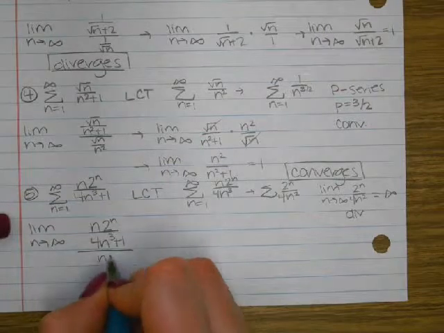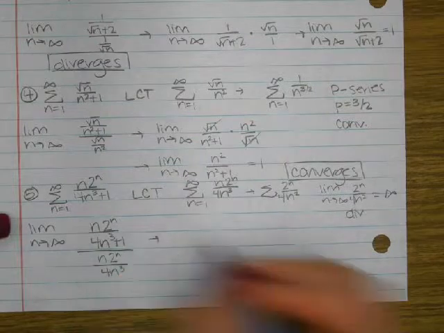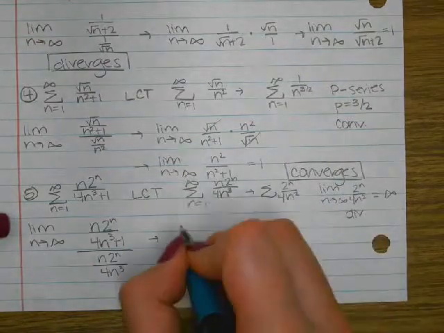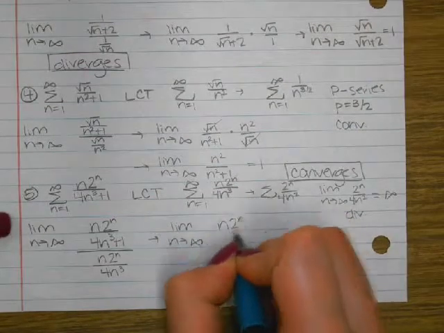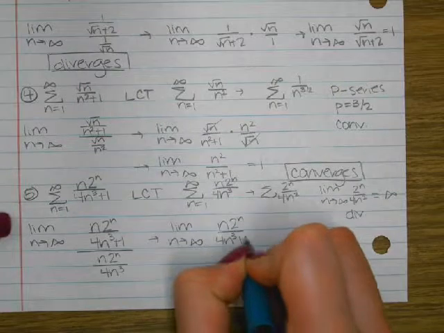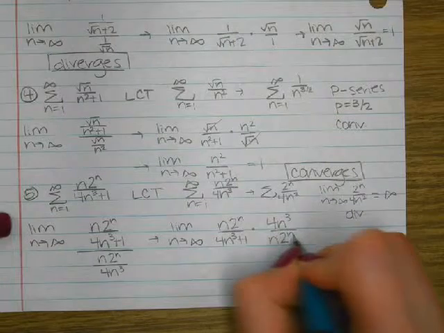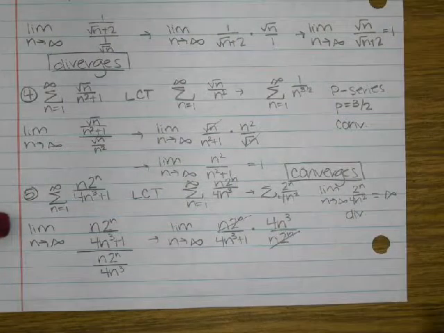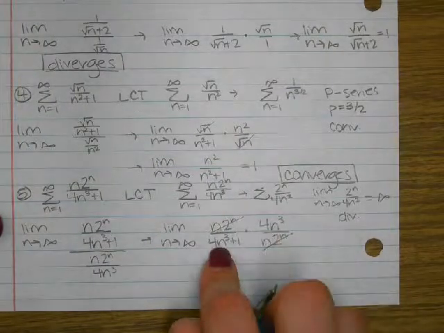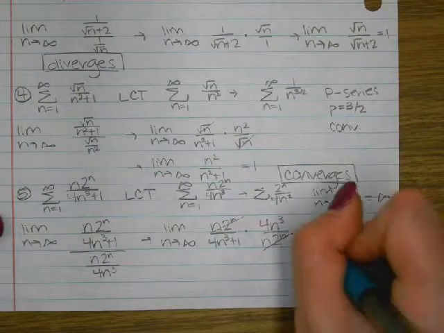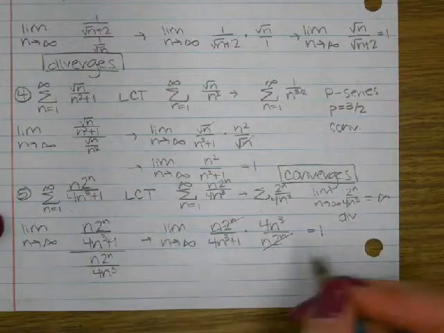I've got n times 2 to the n over 4n to the third, and I'm going to keep the first one and flip the second one. So these completely cancel because they're identical. And then I'm going to be left with 4n to the third over 4n to the third plus 1. And so I can conclude here that this is a limit of 1. And so since this one diverges, then the other one has to diverge as well.